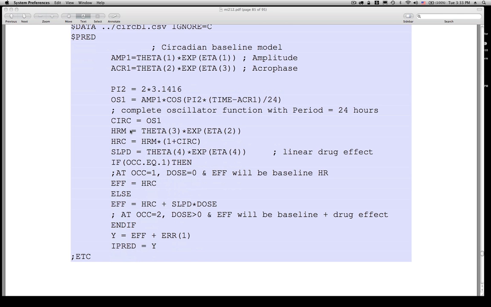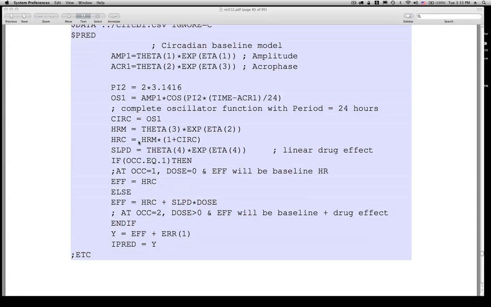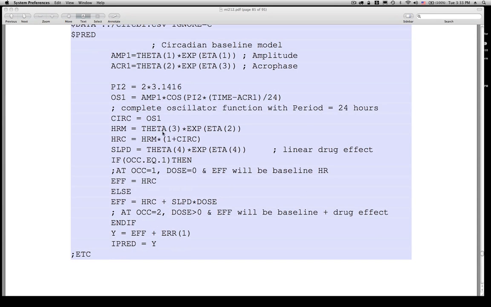Now we have some heart rate modulation here, HRM, which is going to be estimated, theta 3. We have a dose effect on that, theta 4.